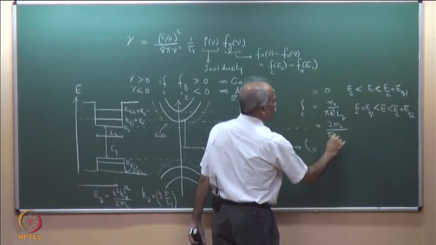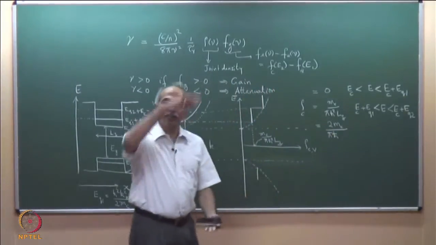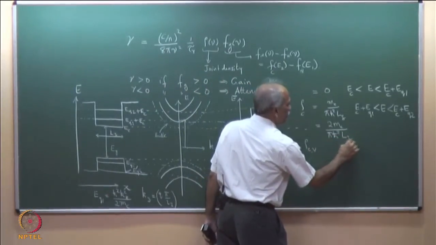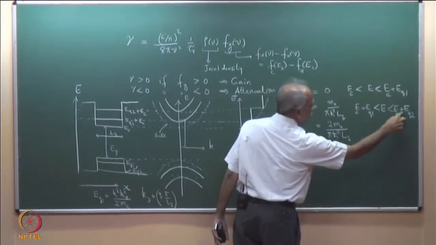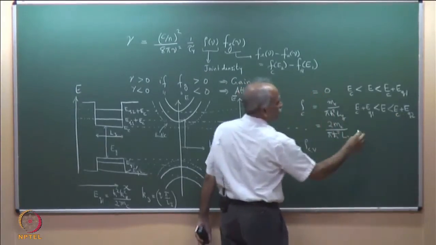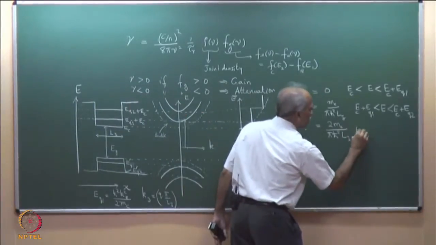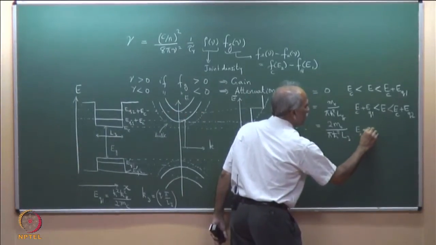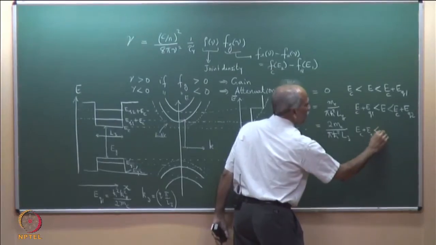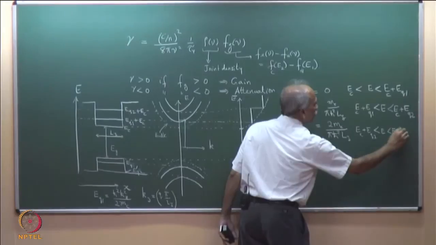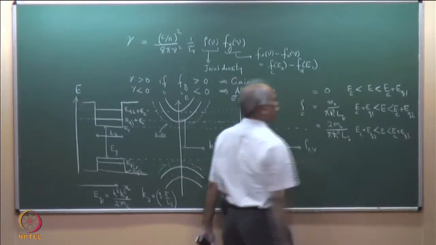You recall the discussions that we had with the disks, when we get a second disk. This is for Ec plus Eq2 onwards: Ec plus Eq2 less than E less than Ec plus Eq3, and so on.